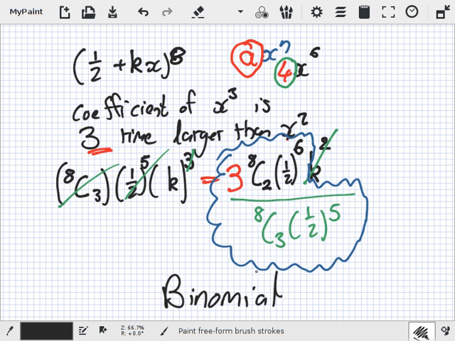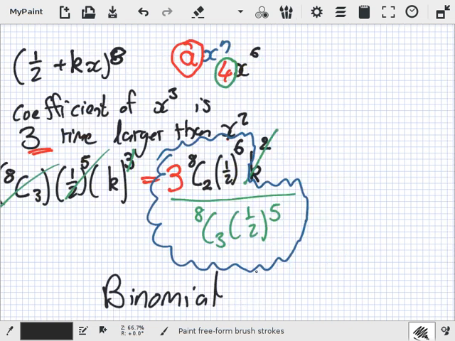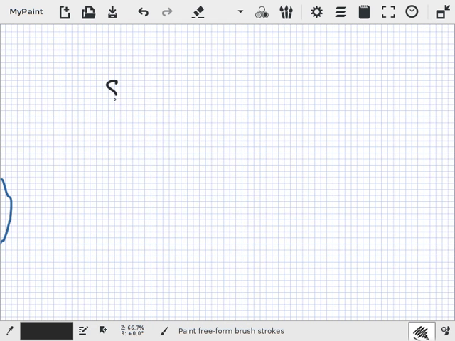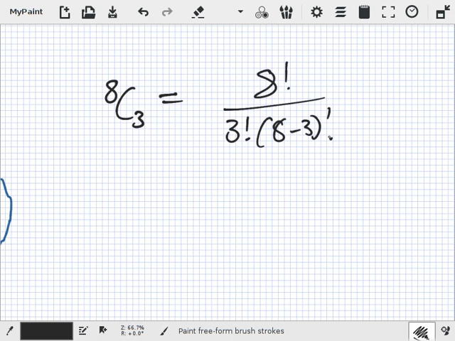Can you tell me what is the first 8C3? 8C3 equals 8 factorial over 3 factorial times 8 minus 3 factorial. So that's 8 factorial over 3 factorial times 5 factorial.